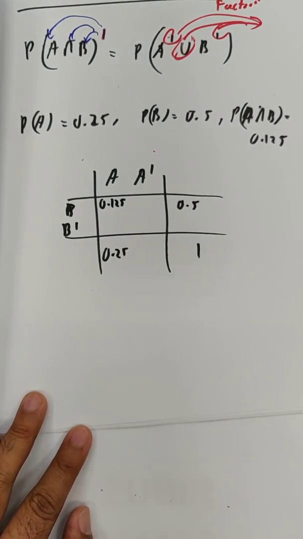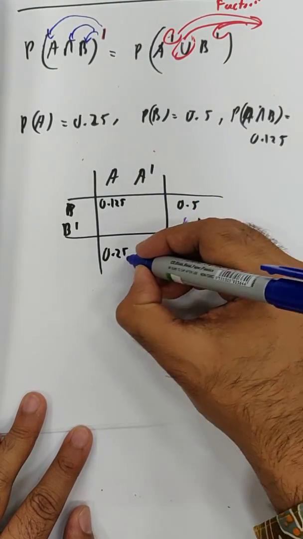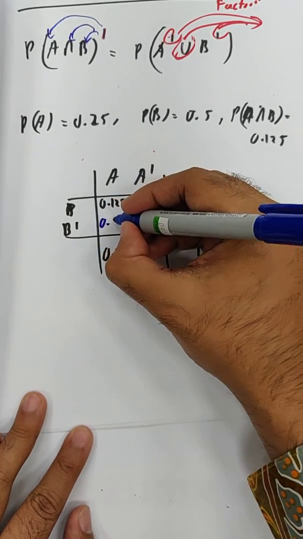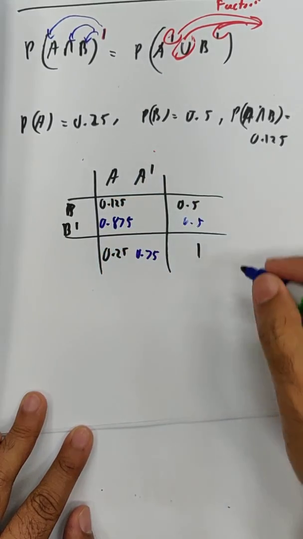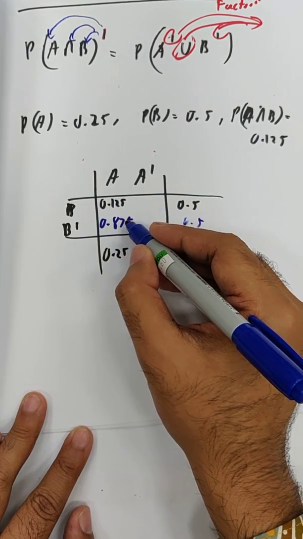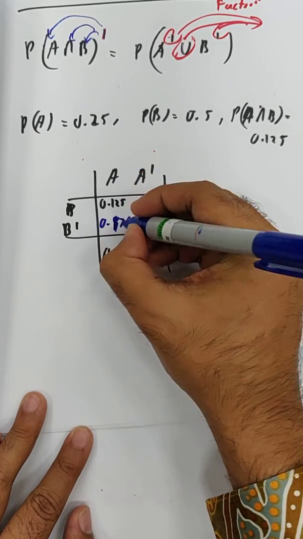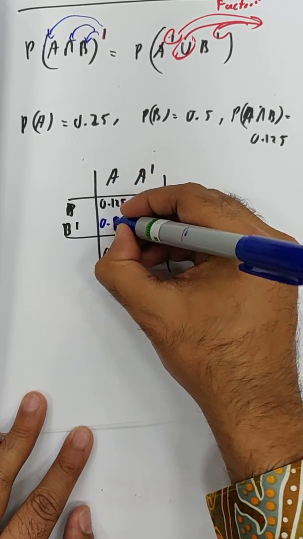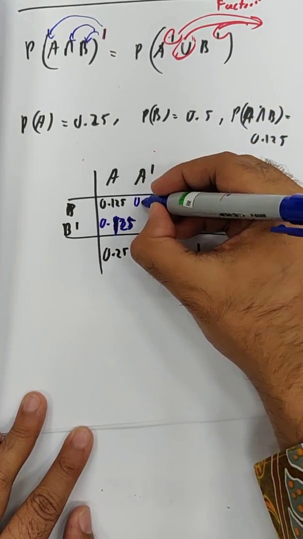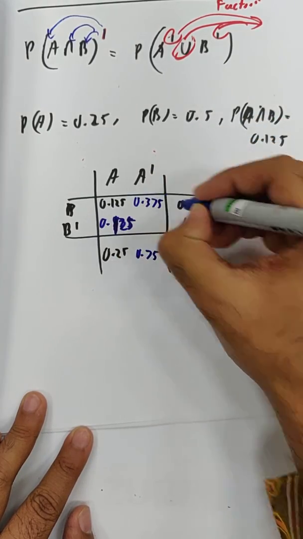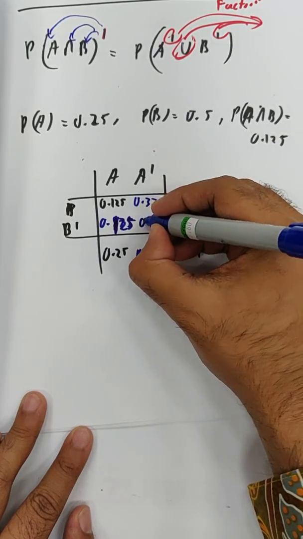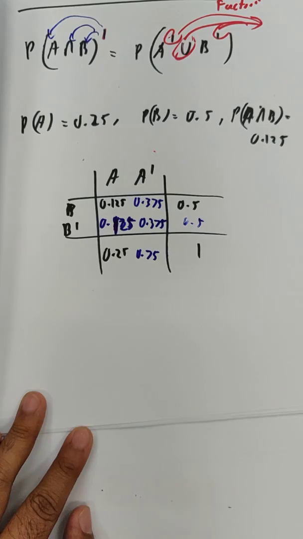Rushing. 0.5, 0.75, 0.875. Oh, this is wrong. Sorry. 0.125. This one here, 0.375. And this one here, I guess it's the same, 0.375.